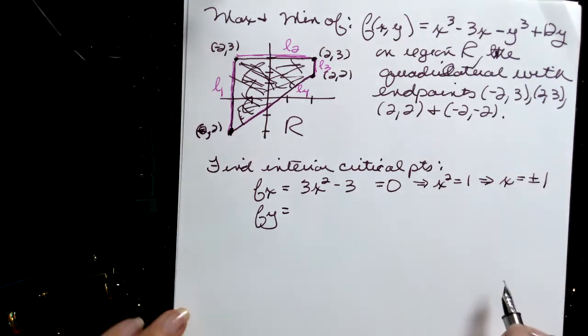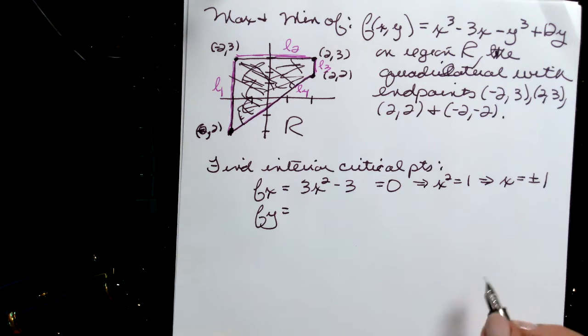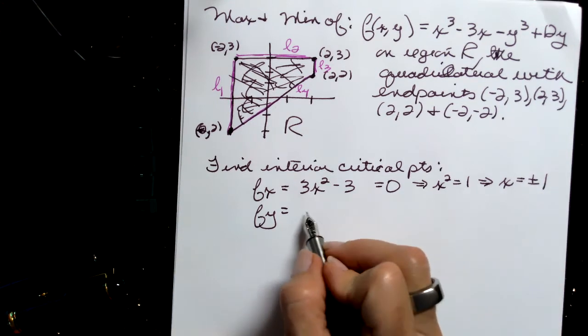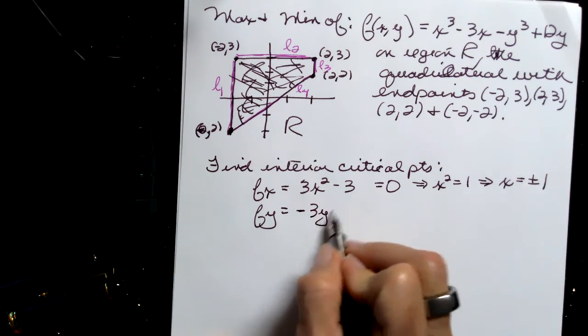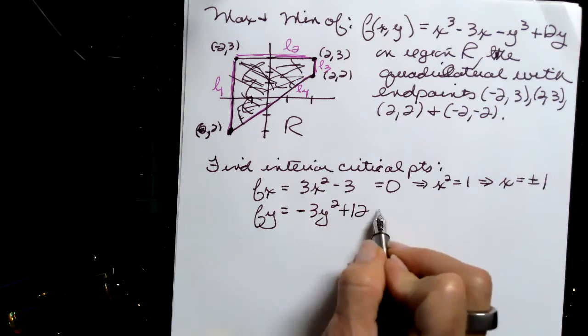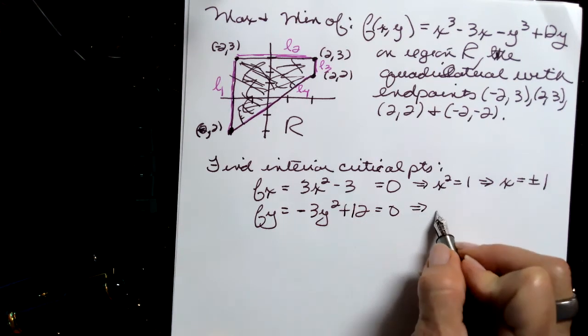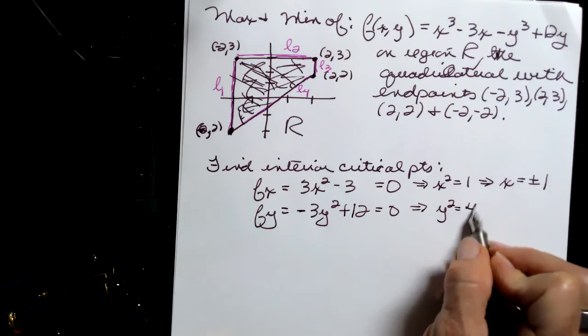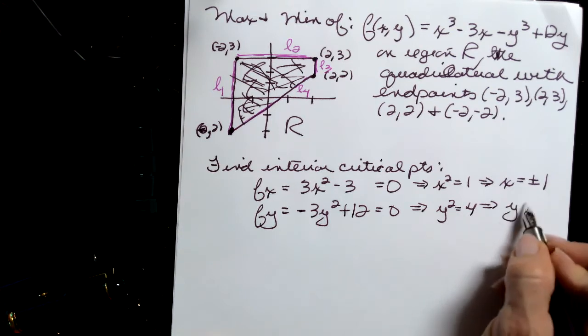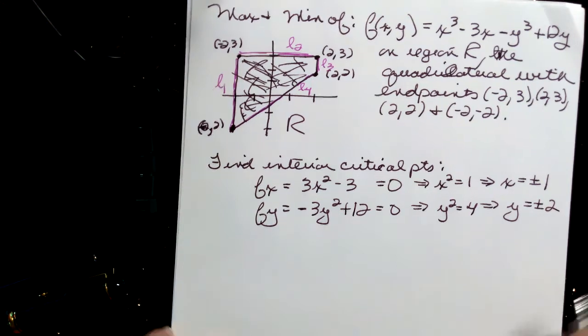And don't get sloppy with your algebra and lose half of your critical points. And f sub y is minus 3y squared plus 12. So when I set that equal to 0, that tells me that y squared is equal to 4, so that y is equal to plus or minus 2. Again, you must be careful with your algebra.